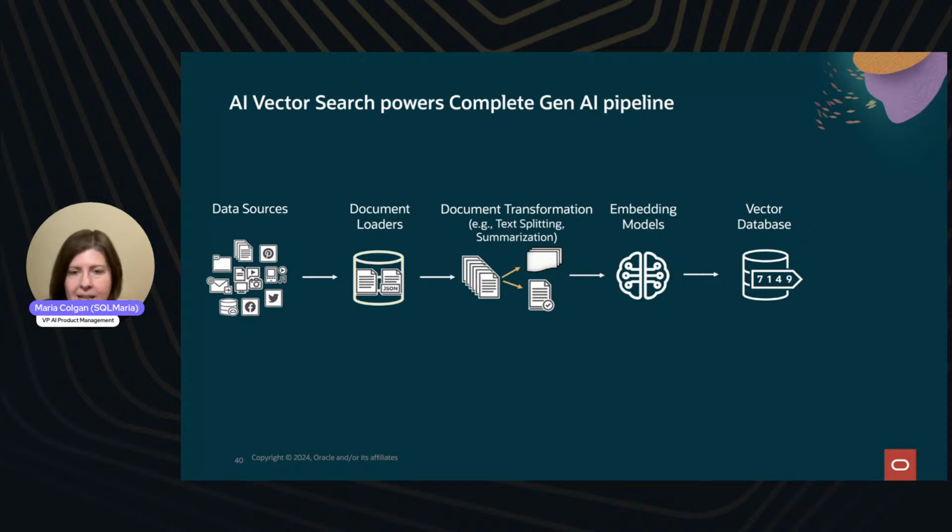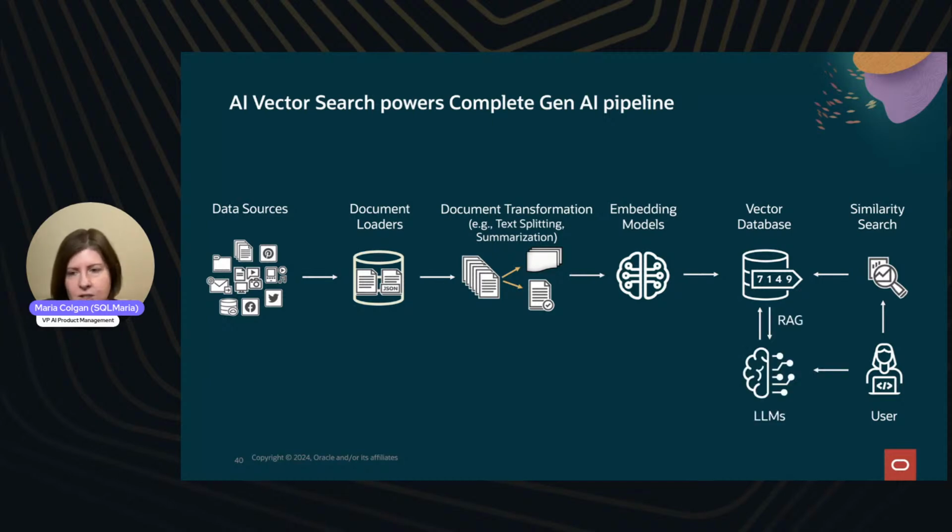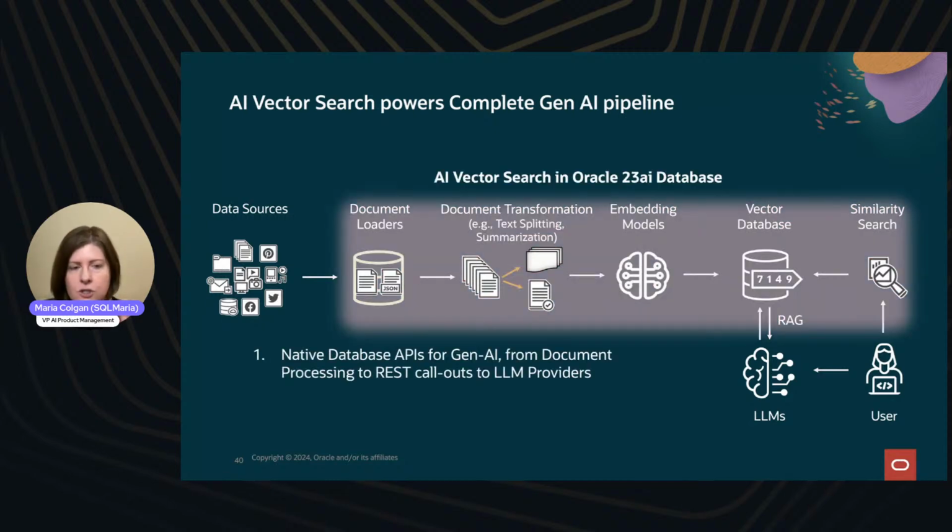Once it's in the database as vectors, you can instantly begin to do similarity search on it using those very simple SQL statements that I showed you that use the vector distance function in them. But you can also leverage all of that vector information to improve your RAG pipeline by augmenting the prompts that you are sending to your large language models. So really allowing you to do the entire process.